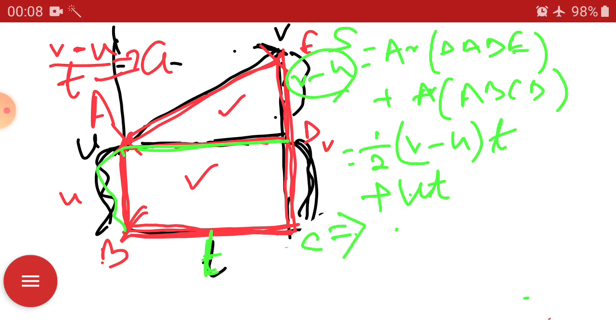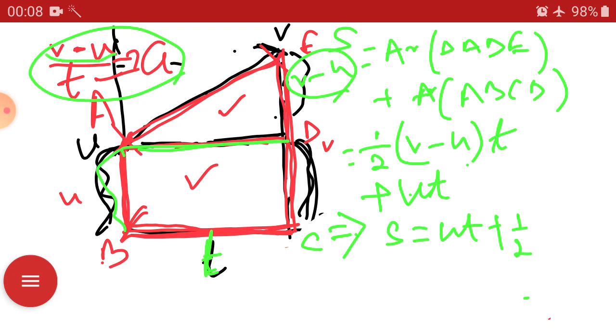So what we got is this relationship, that s is equal to ut plus half into, acha, what is v minus u? From this relationship, v minus u by t is equal to a. So v minus u will be a into t if we cross multiply.